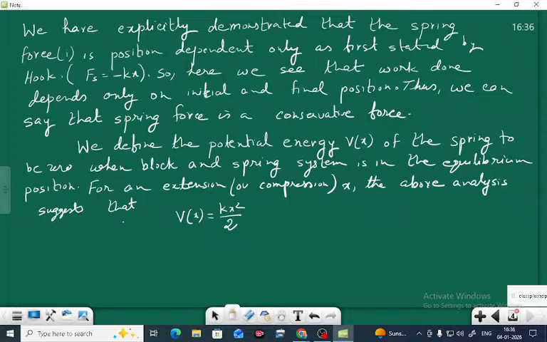Kx square by 2, that is the potential energy.